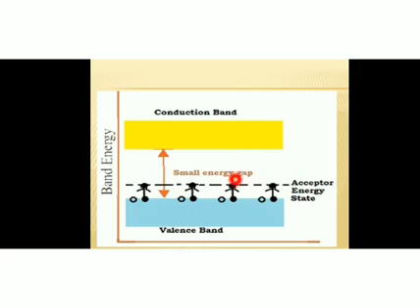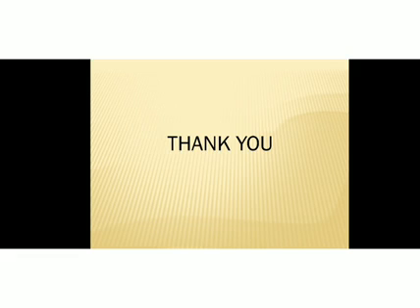Again the energy gap is reduced, and a small temperature is required for the electrons to move to the conduction band. So that's all about N-type and P-type semiconductors, and also intrinsic and extrinsic semiconductors. An intrinsic semiconductor is a pure semiconductor, and an extrinsic semiconductor is a semiconductor in which we add a small amount of impurities.